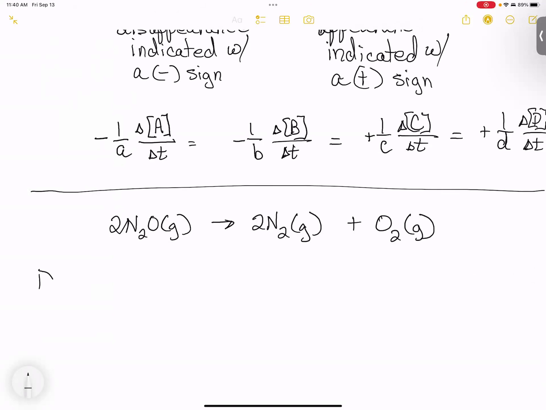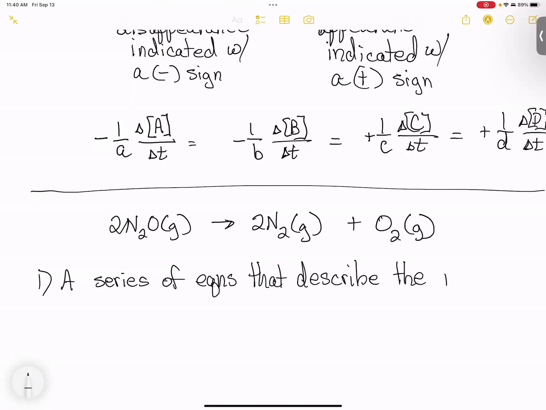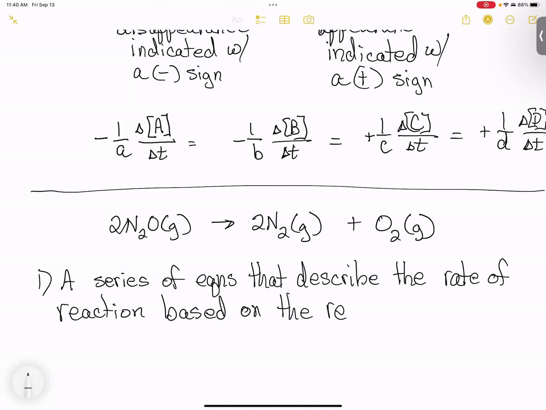The first thing I want is an equation or series of equations that describe the rate of the reaction based on the reactants and the products.